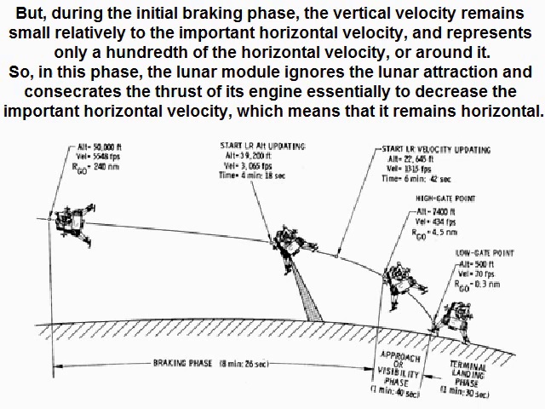But during the initial braking phase, the vertical velocity remains small relatively to the important horizontal velocity, and represents only a hundredth of the horizontal velocity, or around it. So in this phase, the lunar module ignores the lunar attraction and consecrates the thrust of its engine essentially to decrease the important horizontal velocity, which means that it remains horizontal.